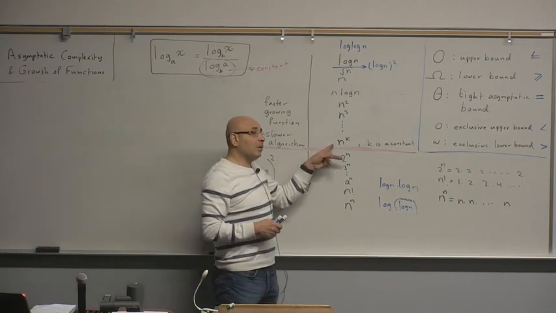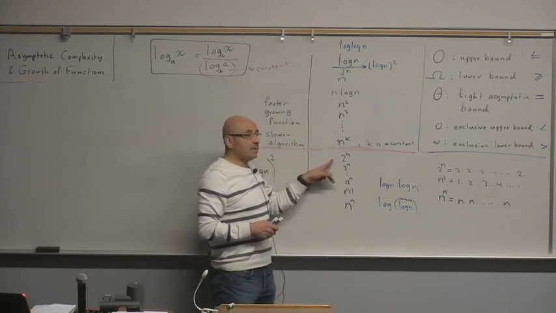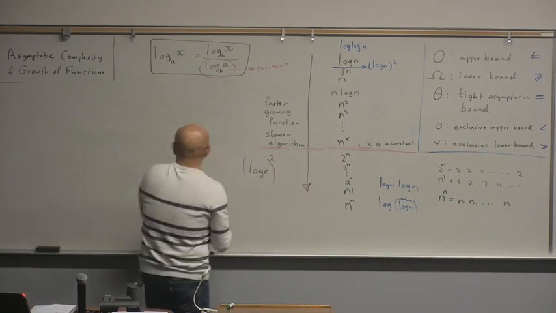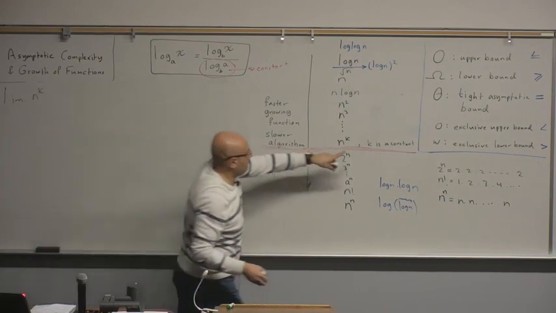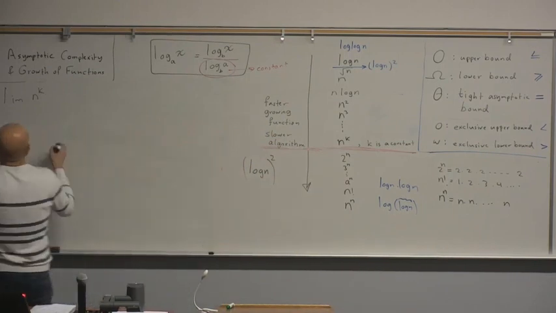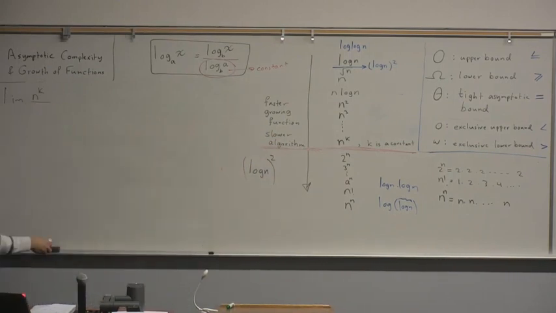So what's the limit of n power k, where k is a constant here, divided by 2 power n? 0.